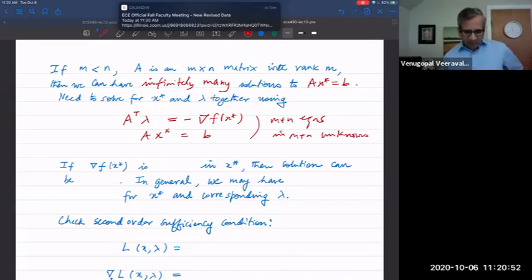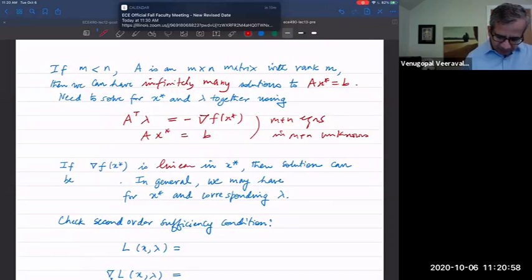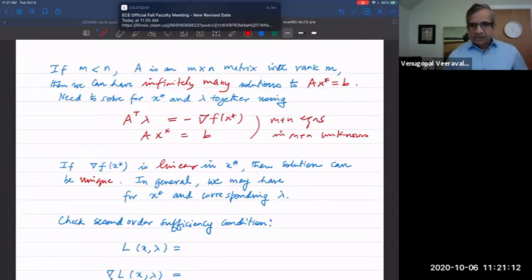Now, of course, if the gradient of F at X star is linear in X star, then you have M plus N linear equations in X star and lambda, and then the solution can be unique for X star, and there'll be a corresponding lambda. But in general, this gradient of F need not be linear.